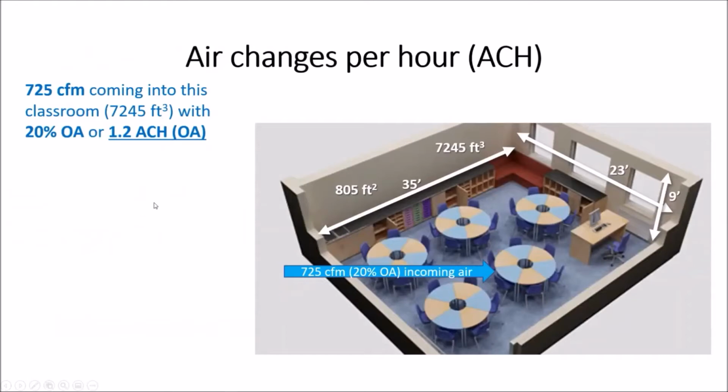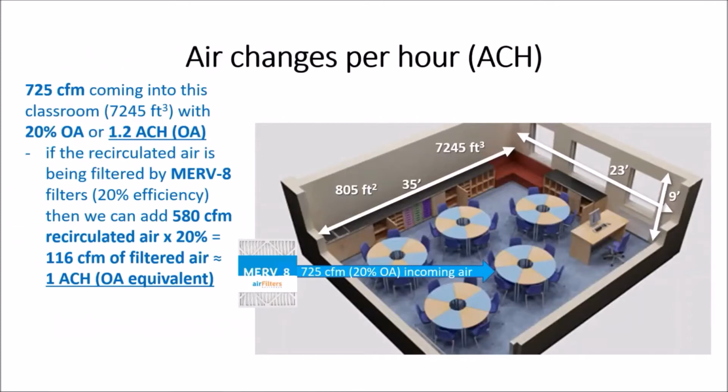Okay, back to the classroom. So we have 20% outdoor air coming in with 725 CFM. And now what we want to do is put in a MERV 8 filter and see what that does. And 20% of the air is about 116 CFM of filtered air, which is equivalent to 1 air change per hour. So we add that to the 1.2 and we get 2.2 air changes per hour.